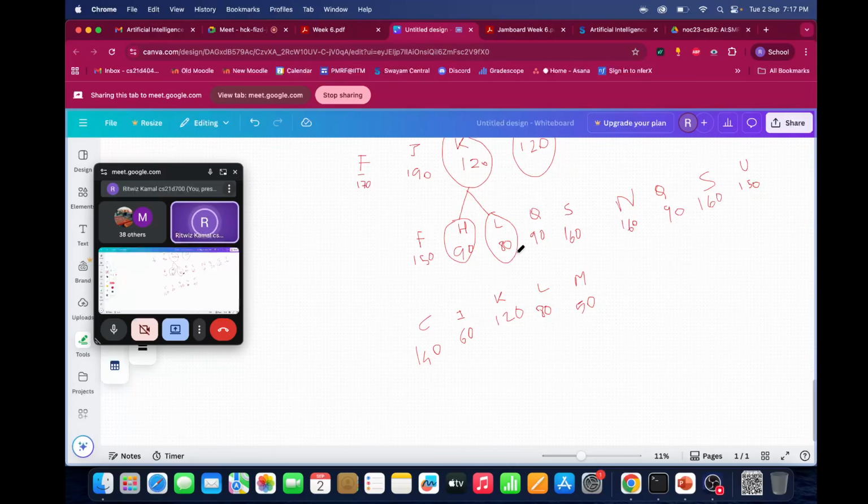And then for L we have possible children H and K, H with heuristic value 90 and K with heuristic value 120. Out of these, the two best looking ones are M and I, right? Both of these are children of H.